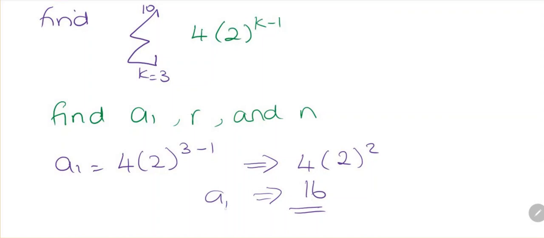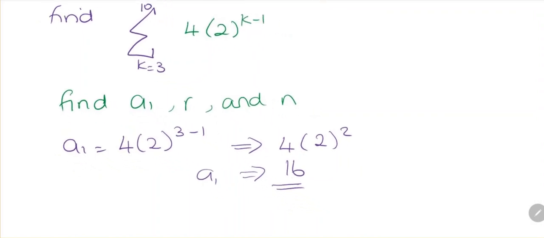So A1, our first value, is 16. The ratio is the base value. So this is going to be 2.